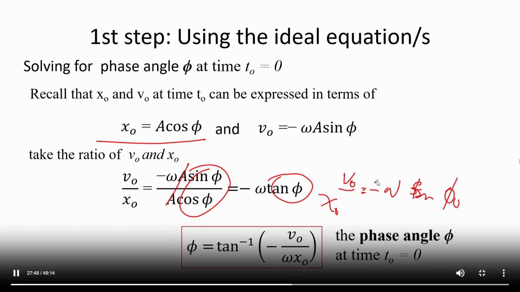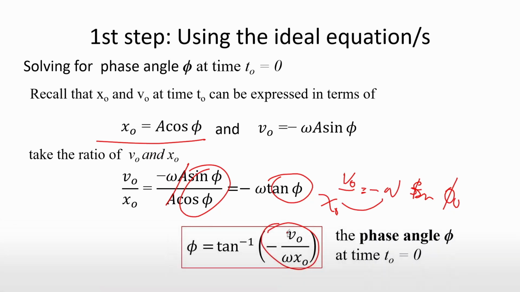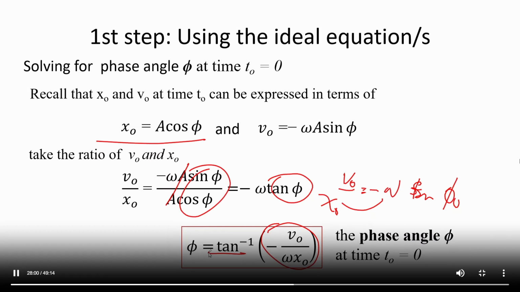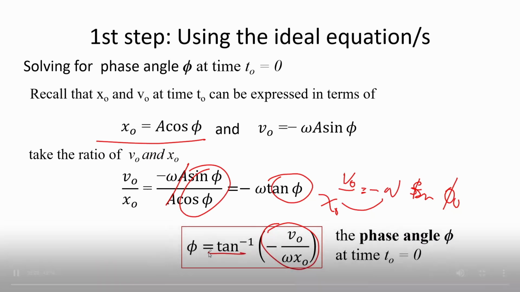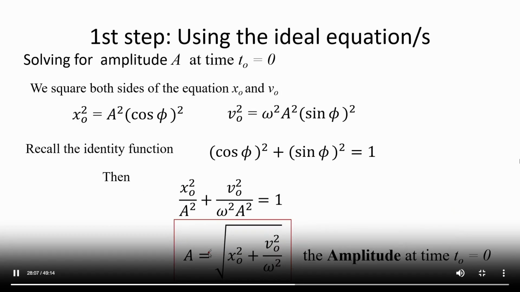And of course, we transpose this over here. You get this term, negative v naught over omega x naught. When you take the tangent inverse, you get an expression for the phase angle phi at time t naught equals 0. Next is solving for the amplitude. The amplitude, what do?